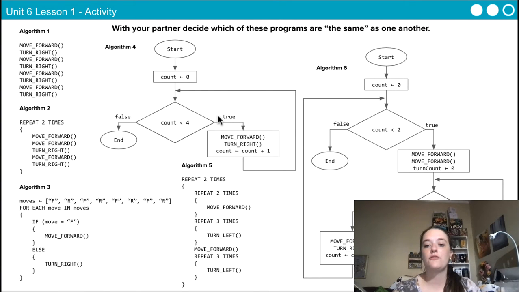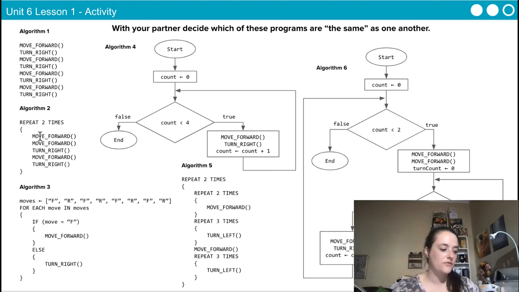Algorithms 1, 3, and 4 are going to draw a square. 2, 5, and 6 will make a rectangle, because you see how in algorithm 2 you have two move forwards together.